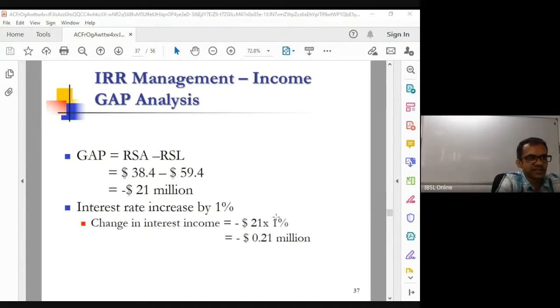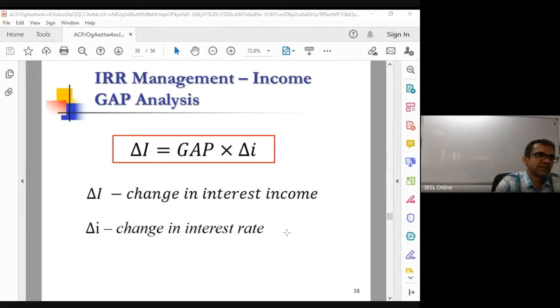Here, if interest rate increased by 1%, the bank has to incur 0.21 million extra cost. Now you have to decide whether this is bearable or not. If this is okay, you may keep the positions as they are. If you think this is too much, something that we cannot bear, then you have to take immediate actions to change the gap or the composition of the balance sheet.